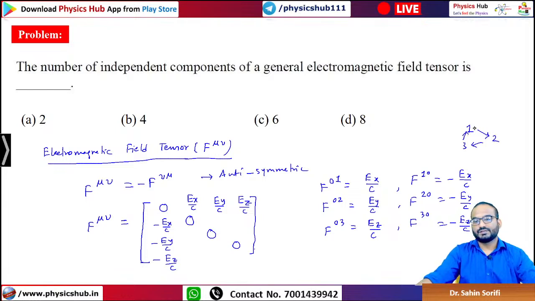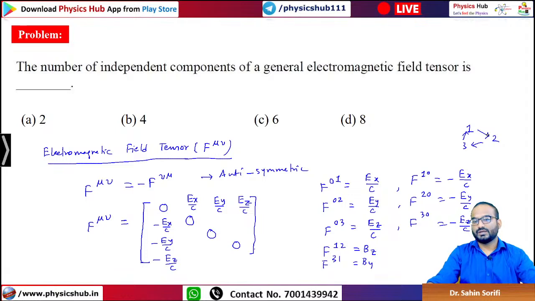Now this is a way of remembering these things: 1 2 3, let's say. So F12 we will take first. F12 means which element? This element. This is Bz, right? F12 we have considered, then we will go for F31. 1 2 we have taken, then 3 1. F31 will be By, the index reduces by one unit, Bz to By. 3 1 done. Then what is the next? 2 3.